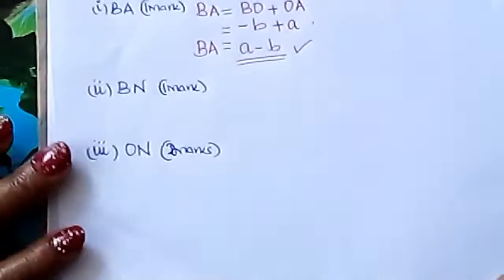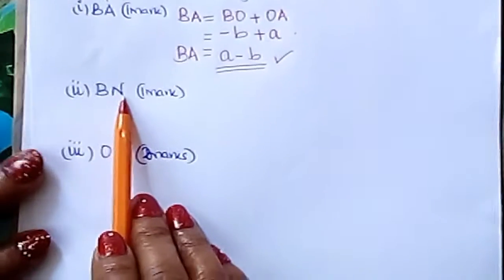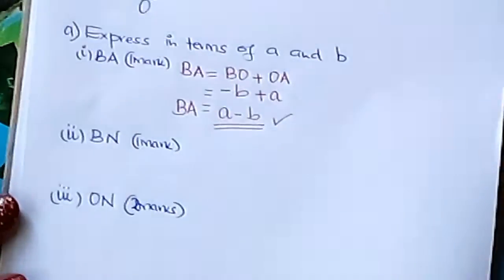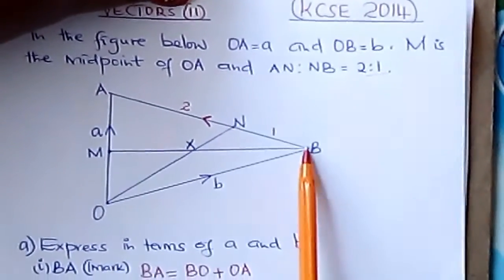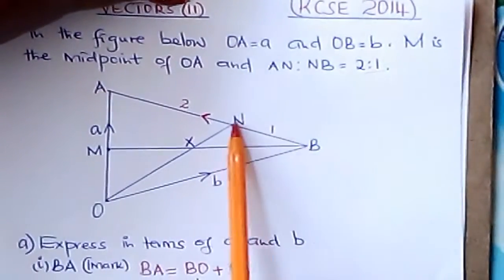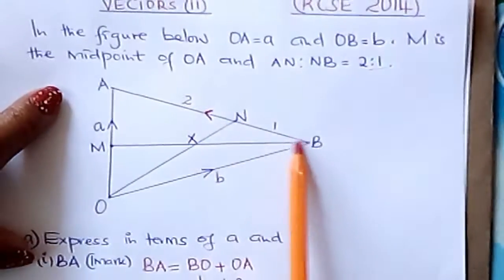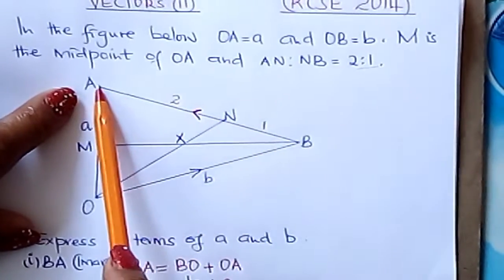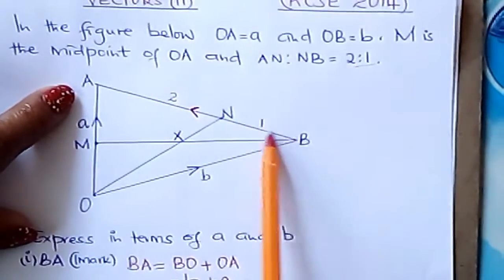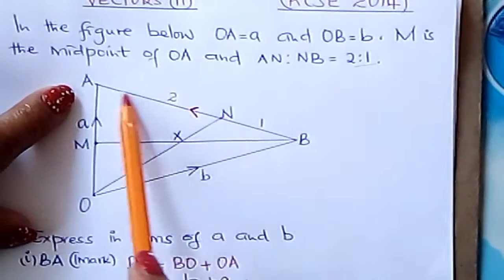We go to the second question. BN. What is vector BN, learner? You come to your diagram and you check on it. Vector BN, learner, is a fraction of BA.